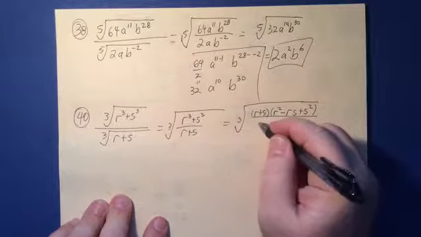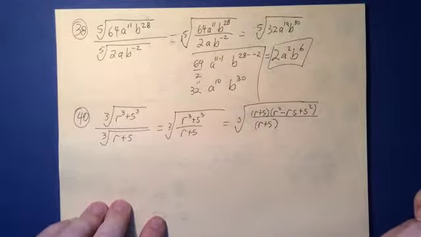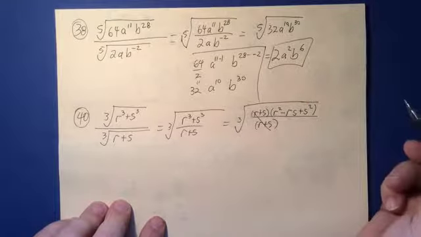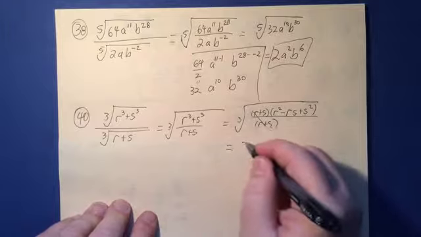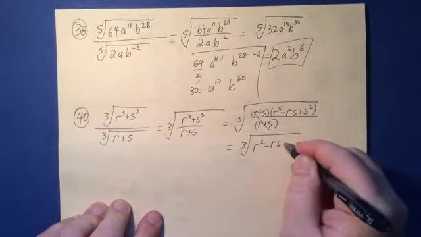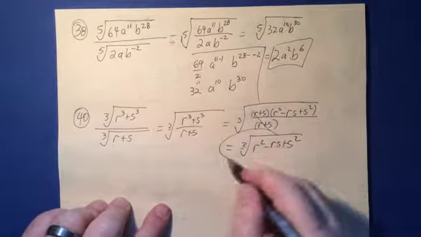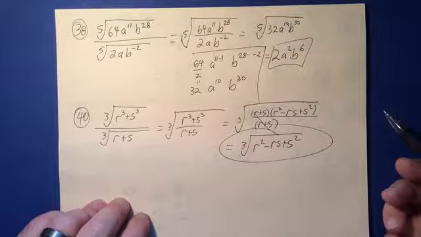After that, we're going to write this divided by r plus s. So now we can carry out the division. And then the best we can do with this question is write this as the third root of r squared minus rs plus s squared.